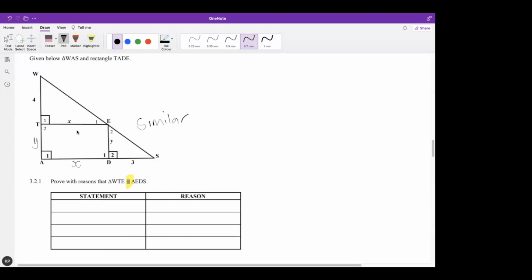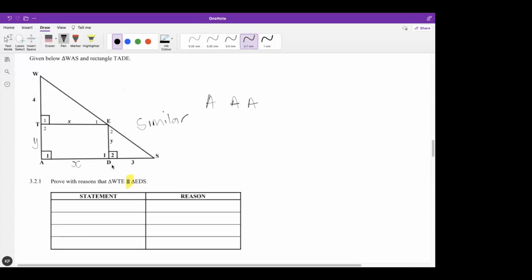No, I don't think we're going to be able to do that. But I think we should play around with angles. So we want to prove angle, angle, angle. Omolemo, your hand just went up. Ma'am, it's a right angled triangle, meaning the other two angles will be the same. Not necessarily.